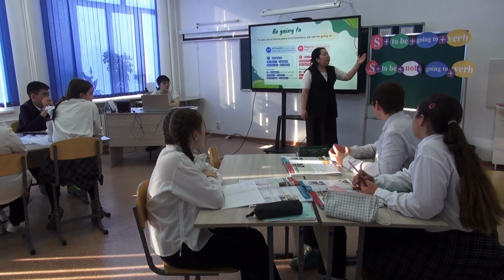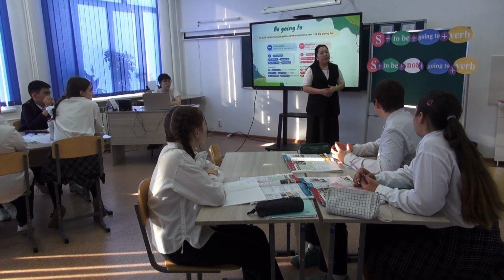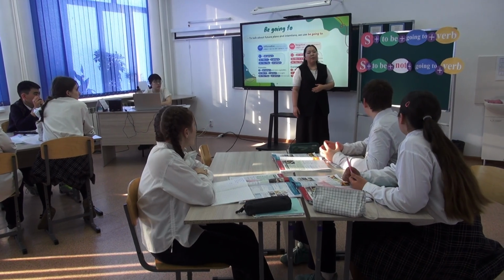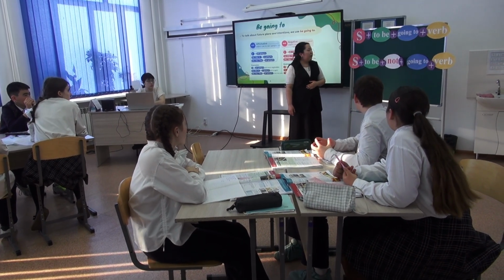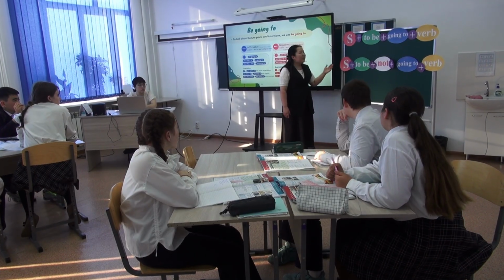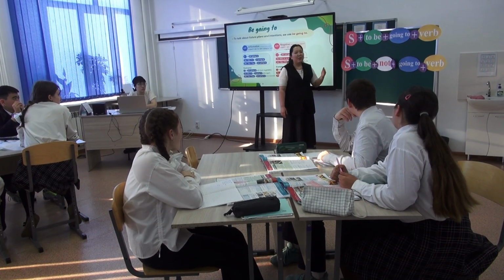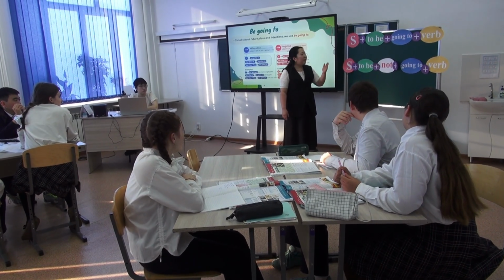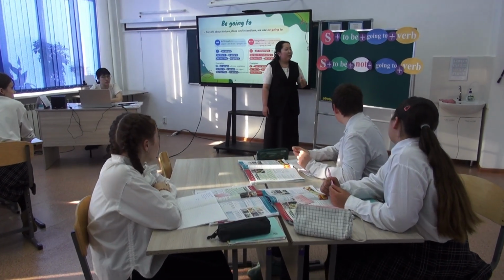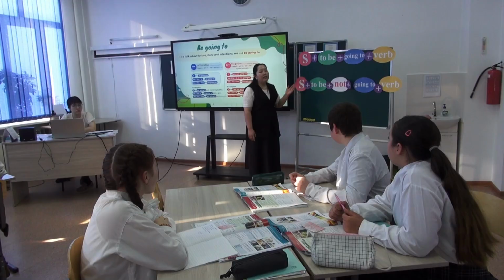Subject, plus to be, plus going to, plus verb. It is affirmative form, yes? Next, negative form. Subject, to be, plus not, plus going to, plus verb. It is negative form.